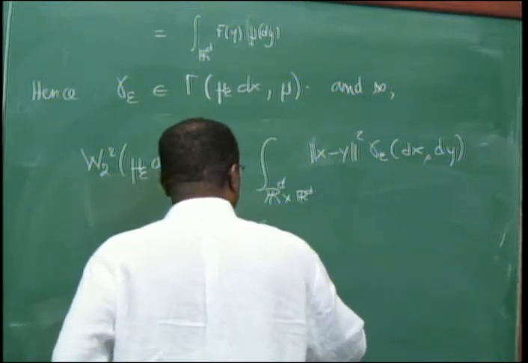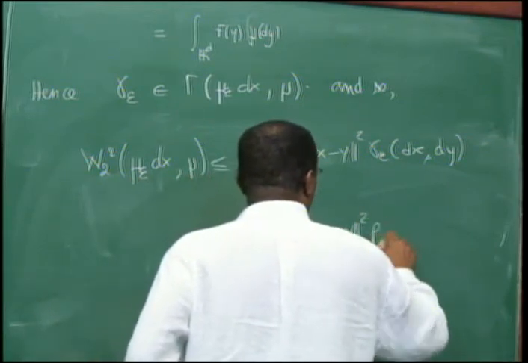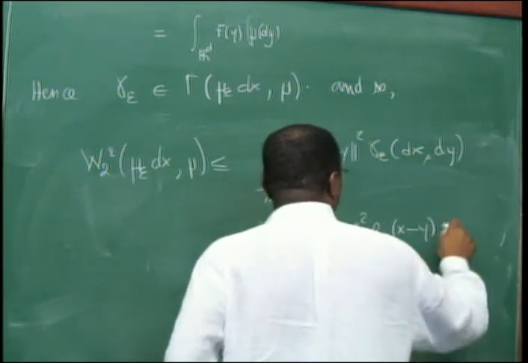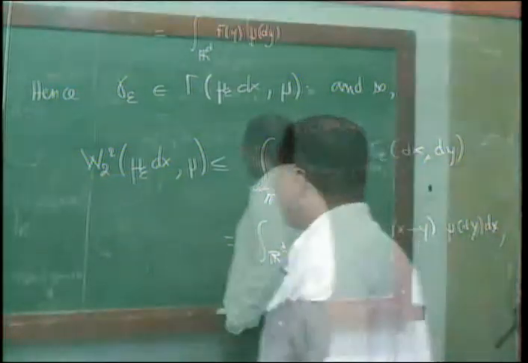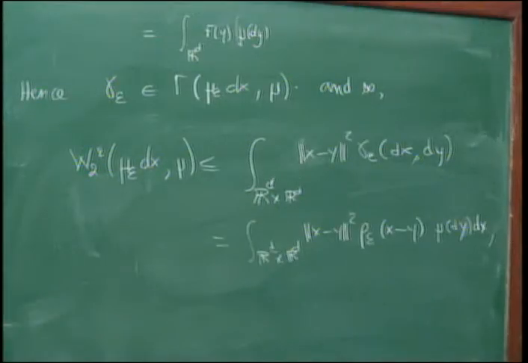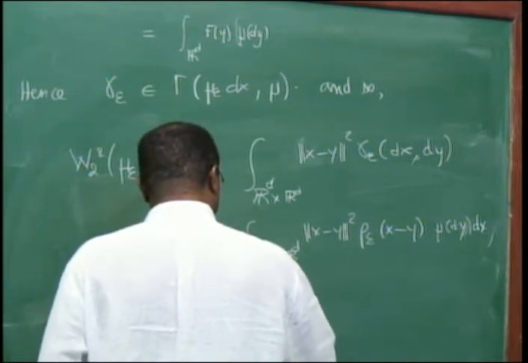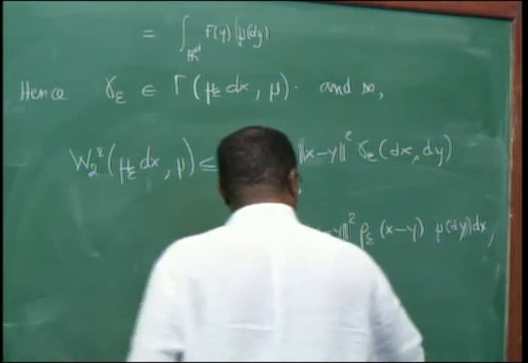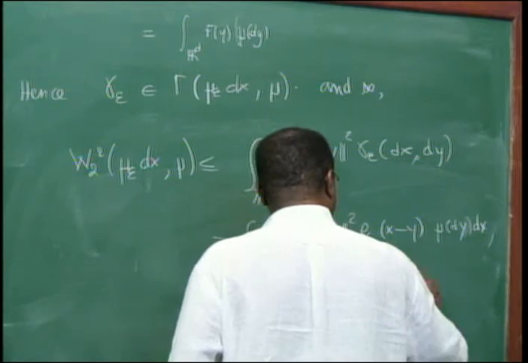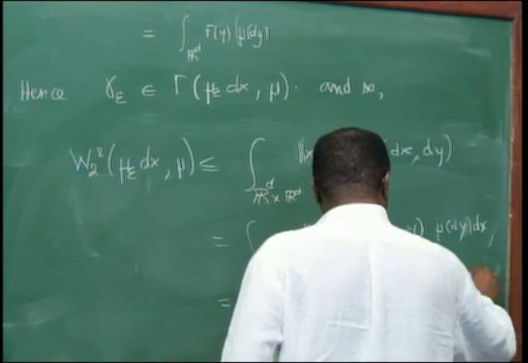This is the integral over Rd cross Rd of x minus y square rho epsilon of x minus y mu dy dx. I use Fubini again. This is the integral over Rd mu dy, the integral over Rd of rho epsilon of x minus y square dx.